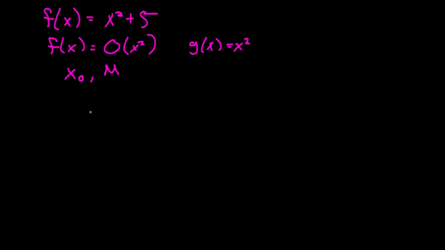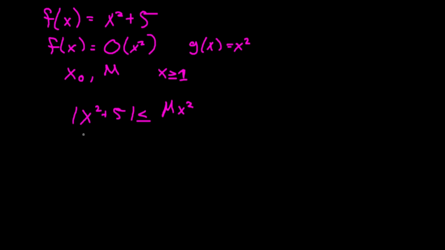We want to say that x squared plus 5 is always less than or equal to m x squared, and this is absolute value. And let's also just, for the sake of argument, say that x is greater than or equal to 1. That's the computer scientist in us telling us that.